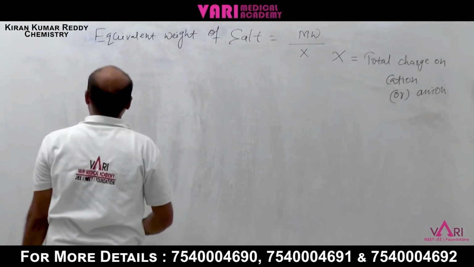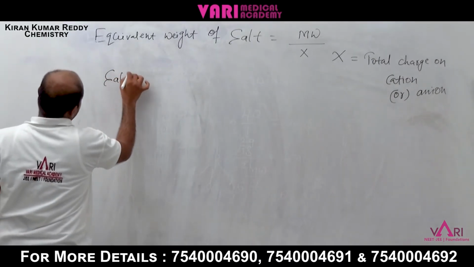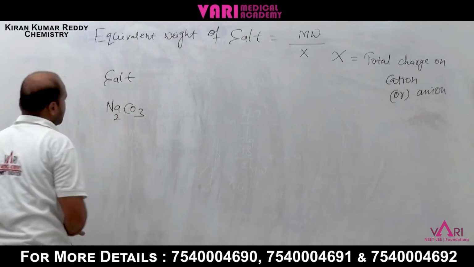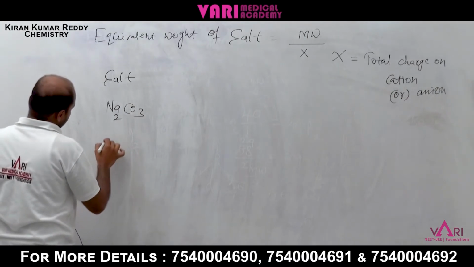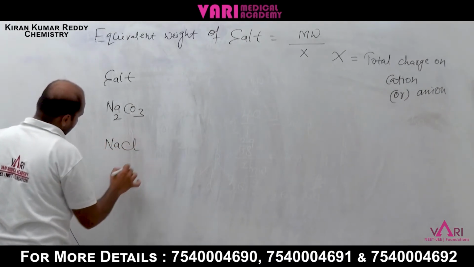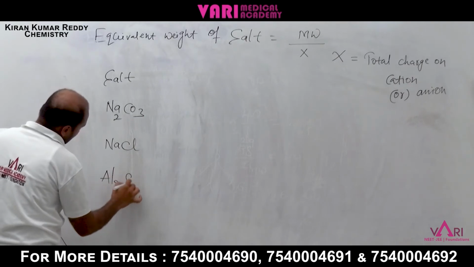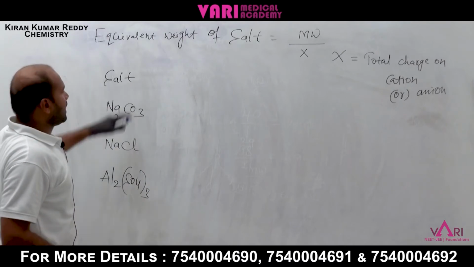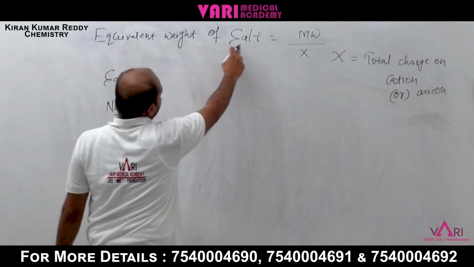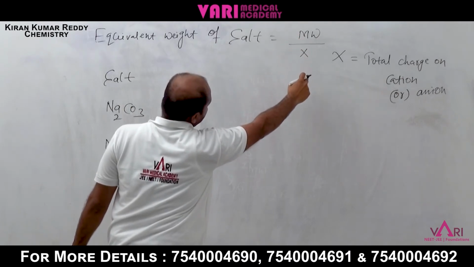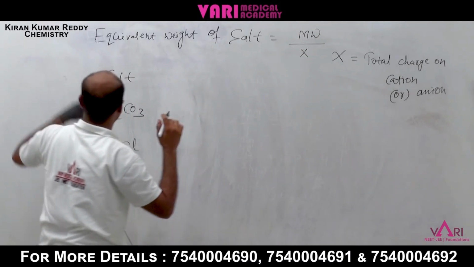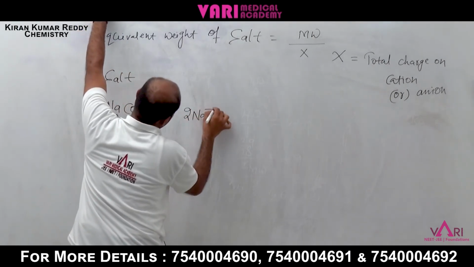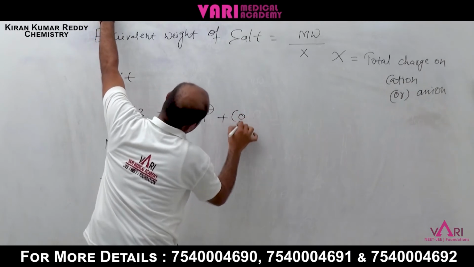We can take example salts: Na2CO3, sodium carbonate; NaCl, sodium chloride; and Al2(SO4)3. In these salts, the formula is equivalent weight of salt equals molecular weight by X, where X is the total charge on the cation. Take 2Na+ and CO3 2-.